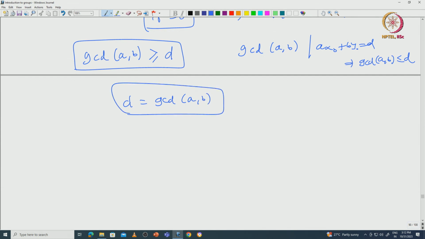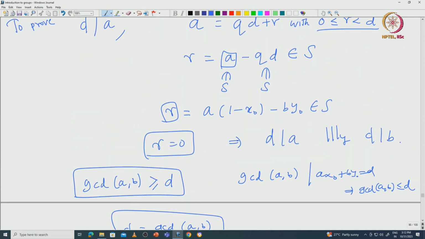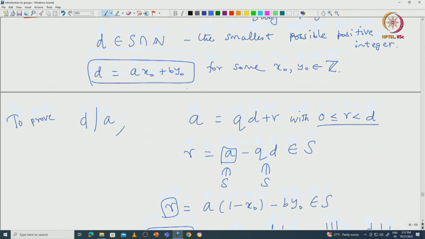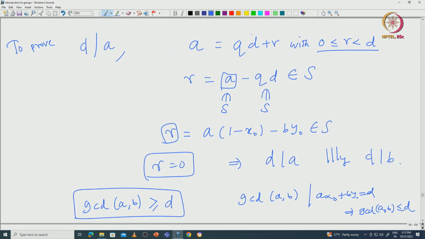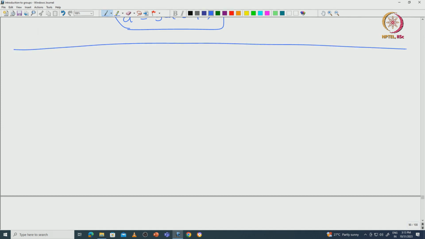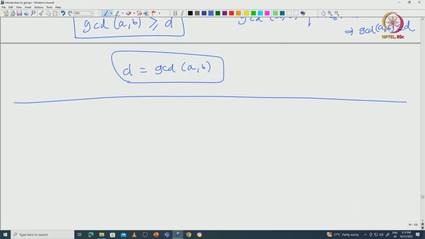Okay. So this actually gives another proof, using the property that this set AZ plus BZ is a subgroup of Z. This also gives us the immediate corollary that the greatest common divisor of A and B is the smallest positive integer which can be written as a Z-linear combination of A and B. So the first proof, Euclid's algorithm, is the more practical one, since it gives you an algorithm to compute the GCD of A and B. But the second proof is more theoretical.